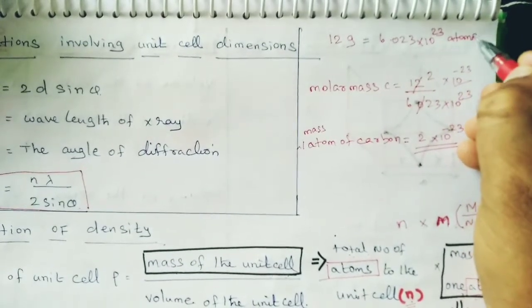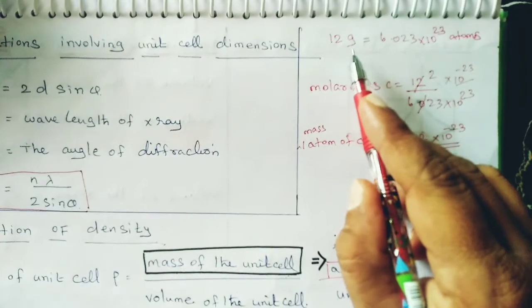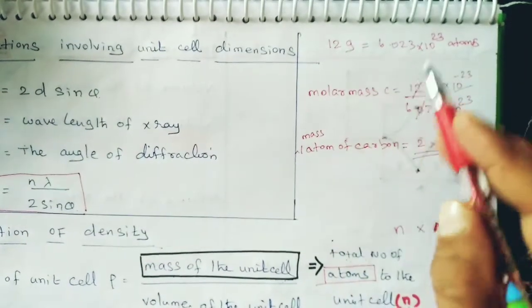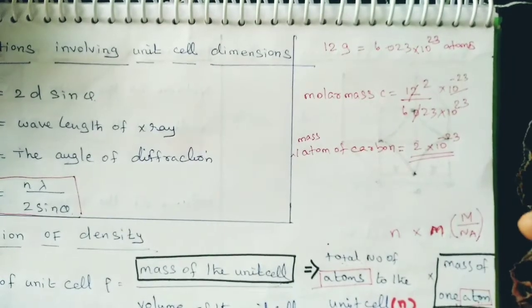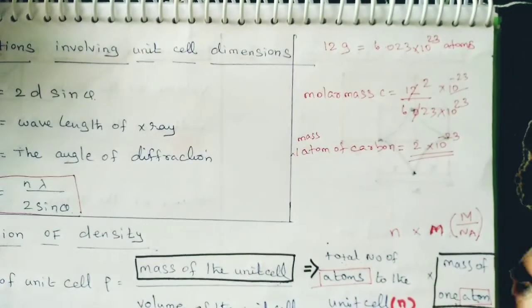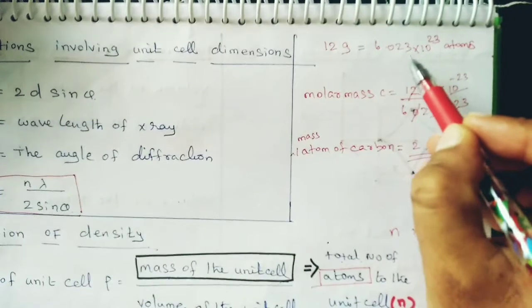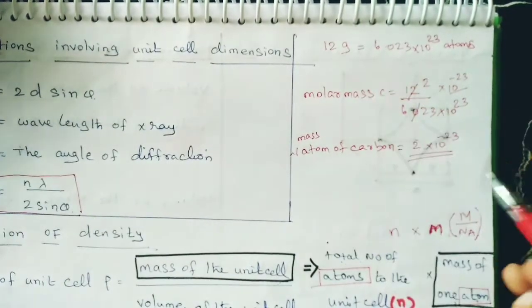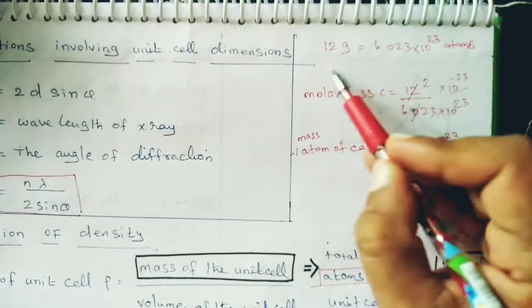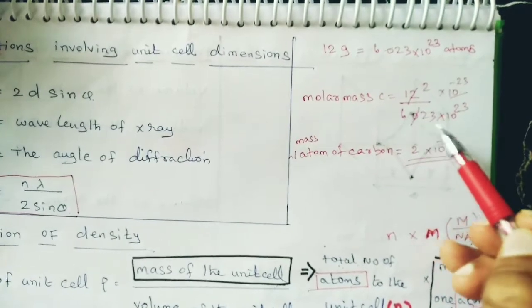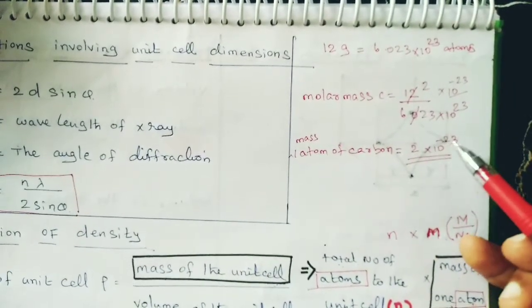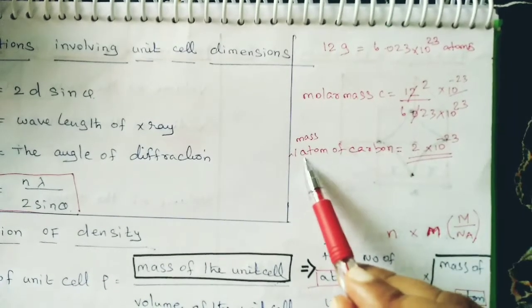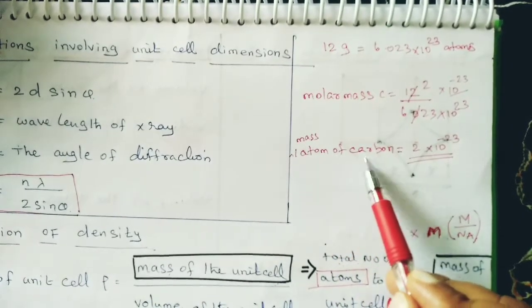But we want the weight of only a single atom, so 6.023 into 10 to the power 23 comes in the denominator. 12 divided by 6.023 into 10 to the power 23, when cancelling, we get 2 into 10 to the power minus 23 grams as the mass of only one carbon atom.